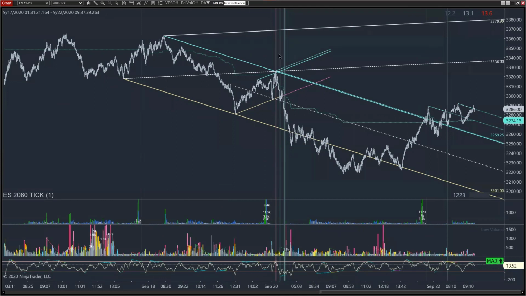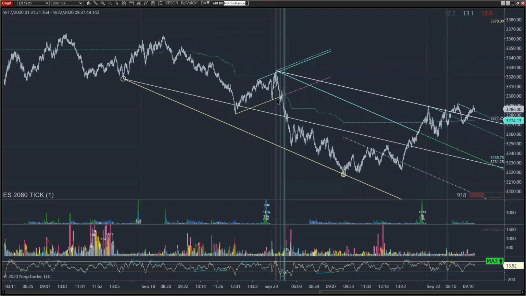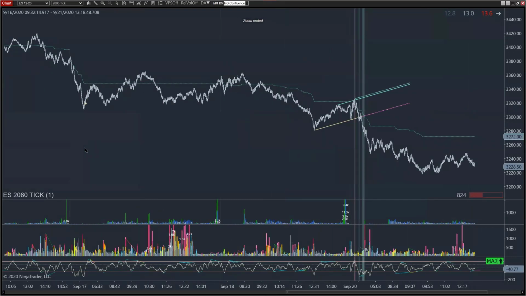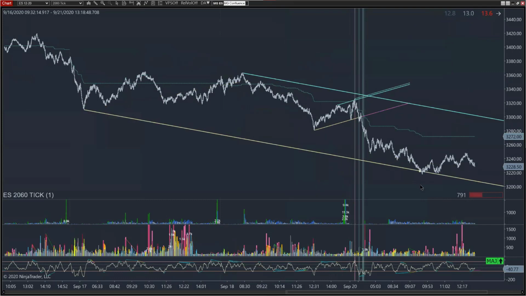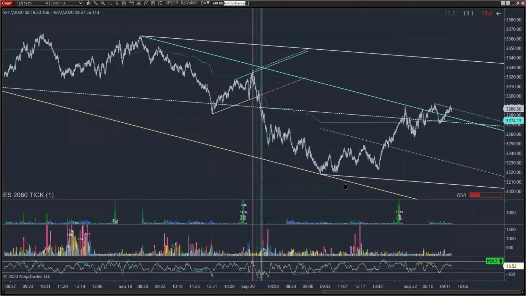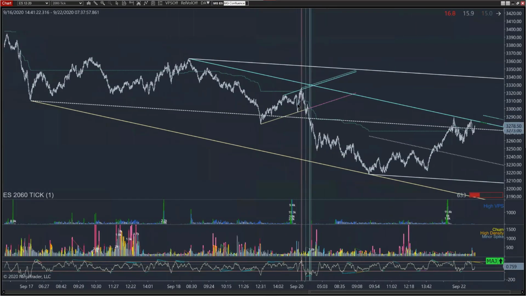I left that on there because it was so beautiful, but I think it's time to remove it. It's amazing how much more smoothly this thing runs now.